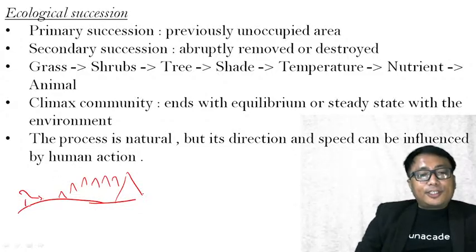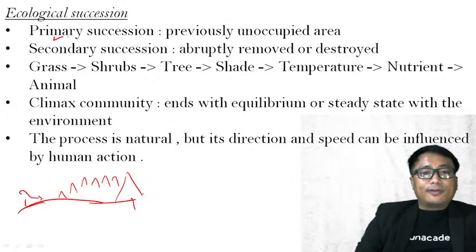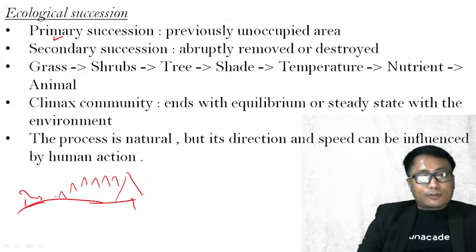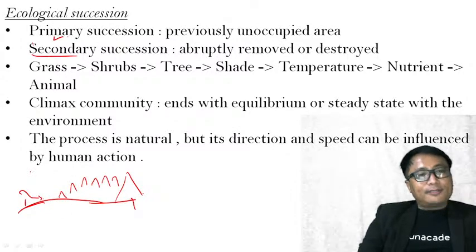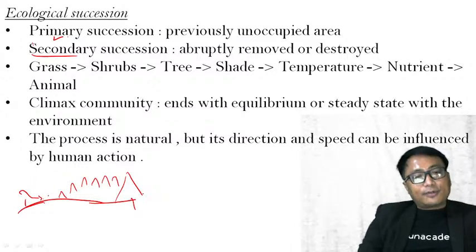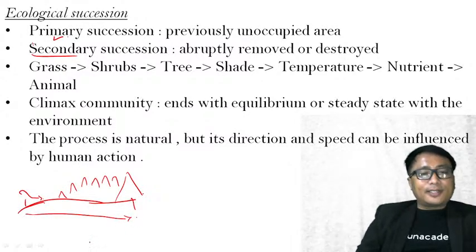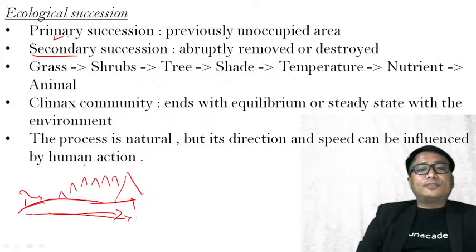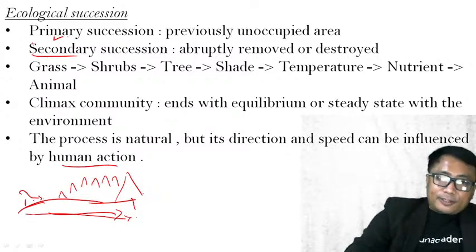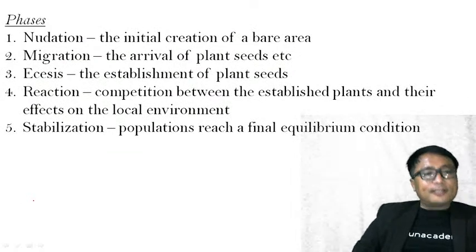From the barren land, for primary succession, or from an area where vegetation is abruptly removed or destroyed and new species come, that is secondary succession. Whatever the case, the cycle from the initial to the climax stage is a natural process. But its direction and speed can be influenced by human action. How, we will see a little bit later.